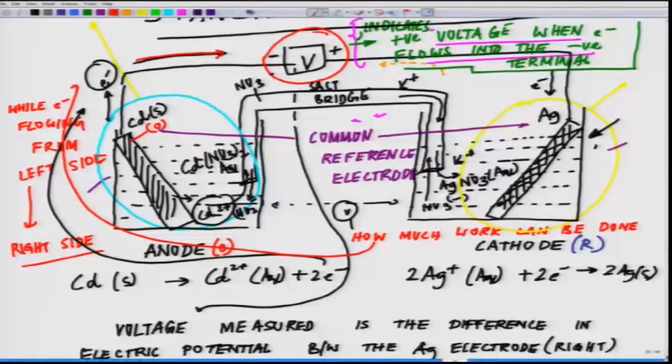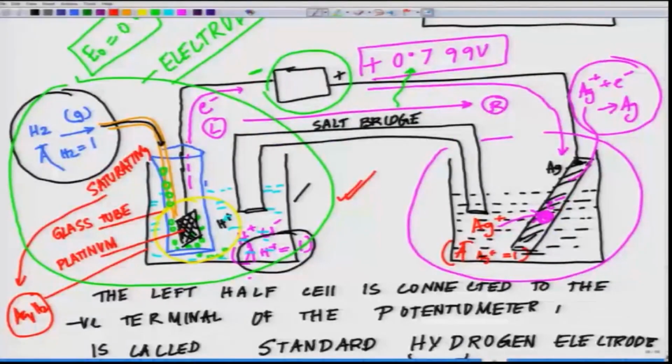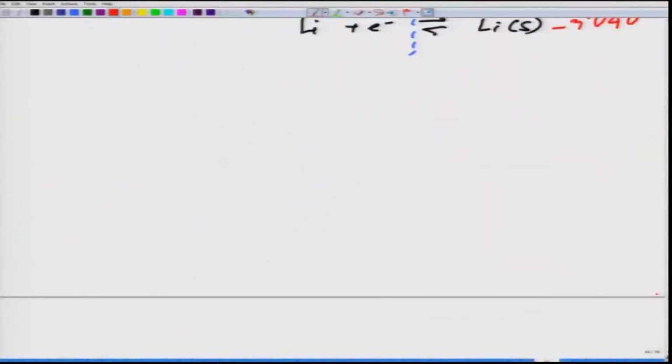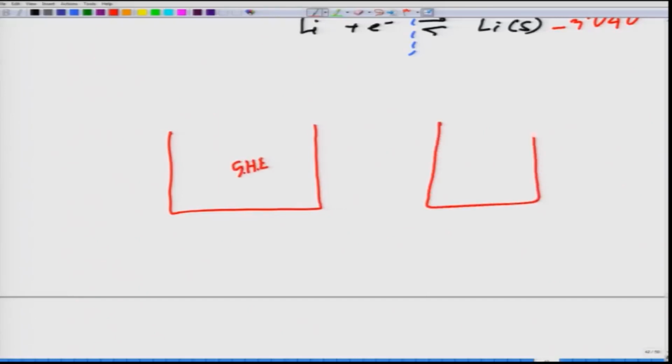Then we had the standard hydrogen electrode, and we showed the electron from the standard hydrogen electrode moves and reduces the silver. How could we figure that out? Because our voltage was showing the negative terminal electrode reaching. Now, I give you a situation where again we have the same setup. On this side we have the standard hydrogen electrode, SHE, and on this side, the half cell, we have the cadmium electrode.